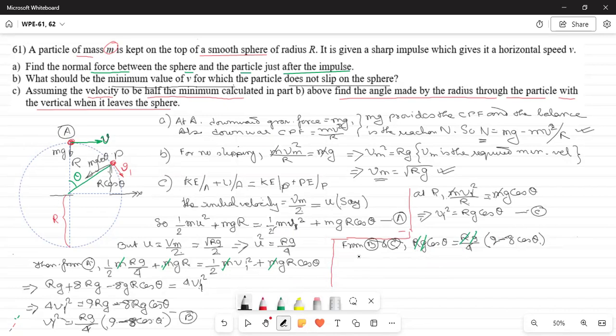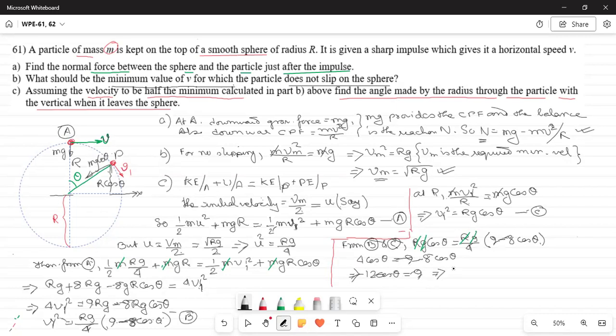I have 4 cos theta is equal to 9 minus 8 cos theta. So bring 8 cos theta to the left-hand side. Then you have 12 cos theta equal to 9.